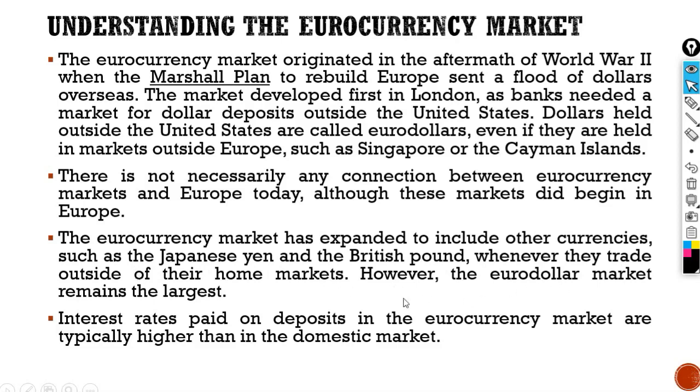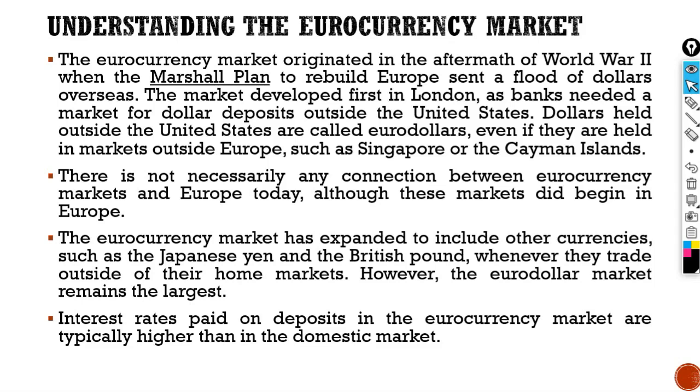However, the euro dollar market remains the largest. Now, the interest rates paid on these deposits in the euro currency market are typically higher than those in the domestic market. So, at a glimpse, euro currency is basically a market which is not operated in the home country, but it can be operated in other countries.